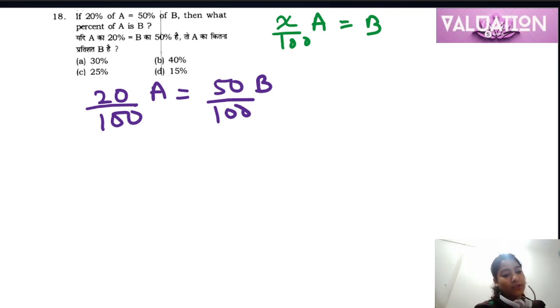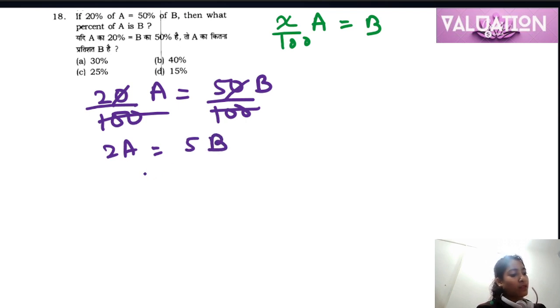So let's solve it. So 2A is equal to 5B, or B is equal to 2 divided by 5 A. Put this value in place of this.